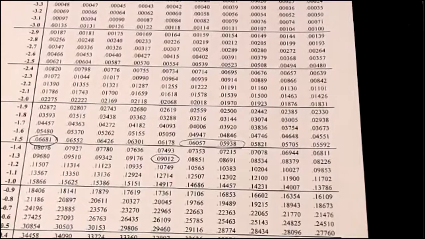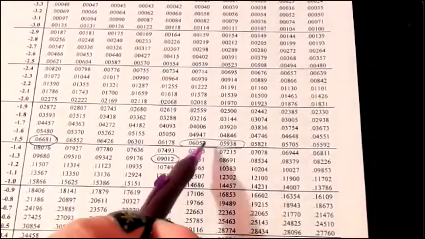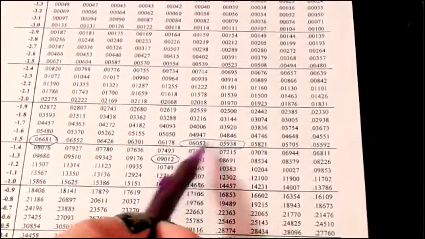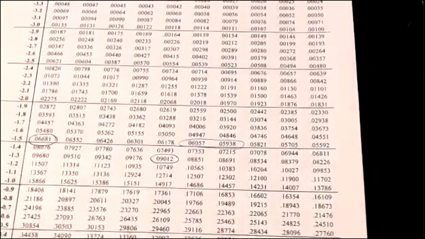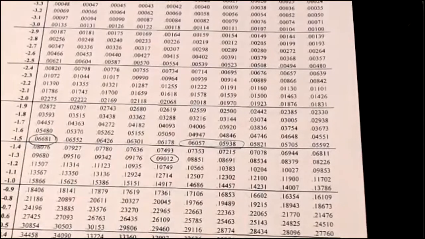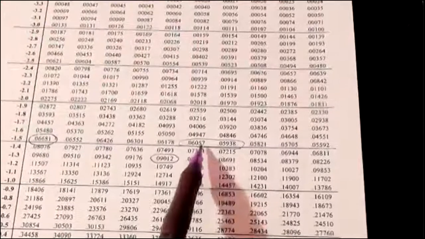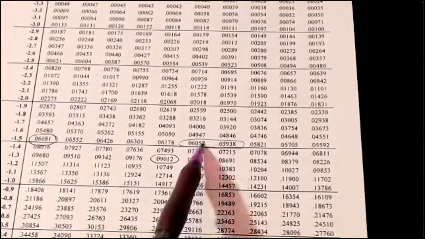So I'm going to say, well, 0.06, let's subtract and see which one it's closest to. Let me grab my calculator. What I'll do is I'll type in this first one, 0.06057. I'll subtract 0.06. So the difference between the first and the second is just 0.00057. All I'm doing is subtracting. I'm just trying to see which one I'm closest to.